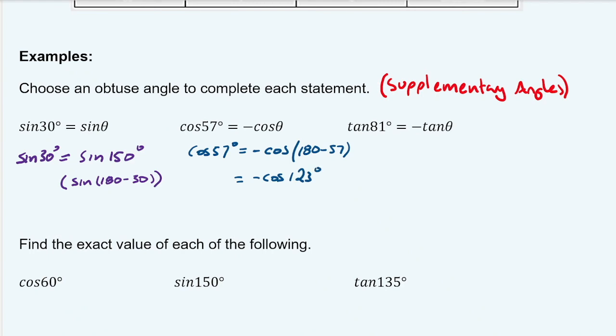And then tan has the same deal there. Tan of 81 equals minus tan of 180 minus 81. But if you've done the maths already, it'll be minus tan of 99. Real quick and easy.